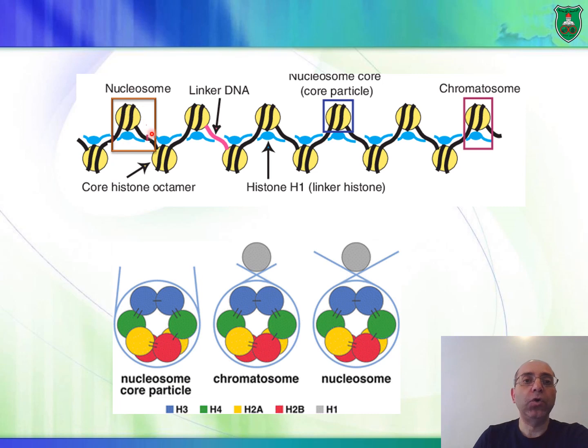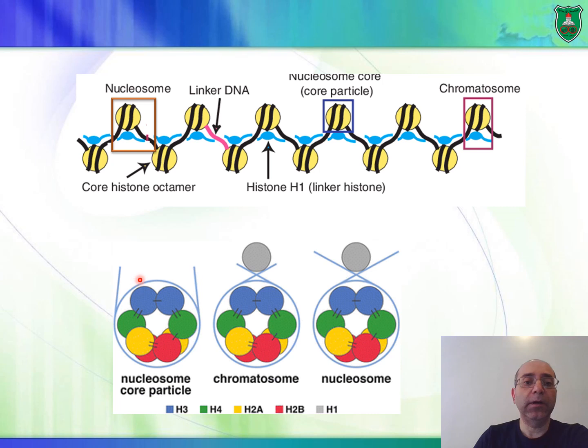And here you have the nucleosome, with the chromatosome, the octamer, the DNA wrapped around it, histone 1, and the linker DNA right here. Some books represent the linker DNA as half on this side and half on the other side, like in here again. Here you have the octamer, the nucleosome core particle.